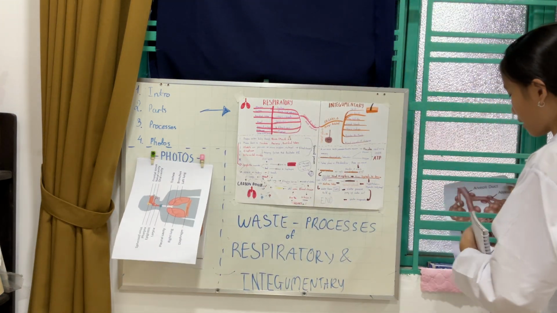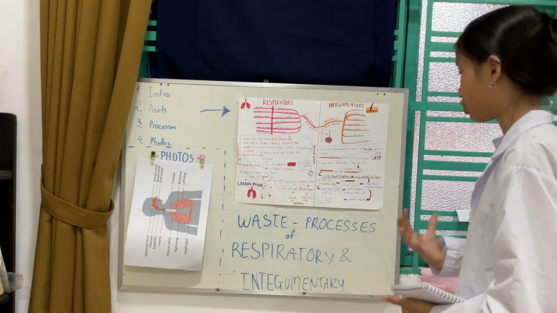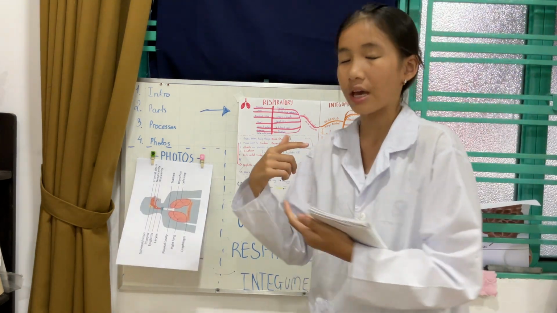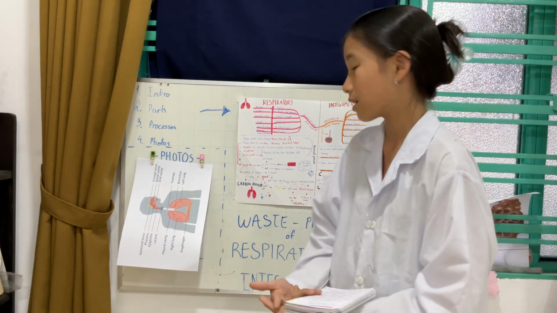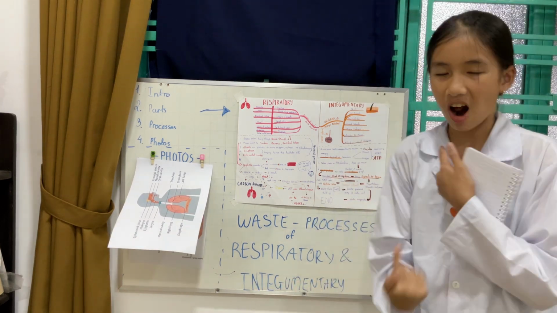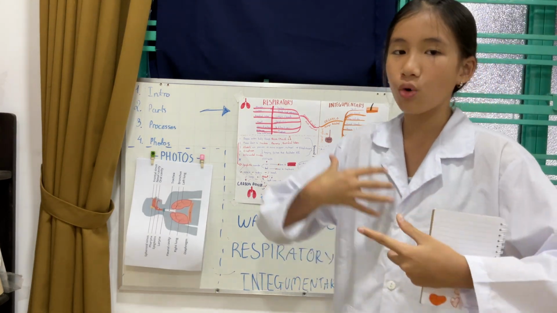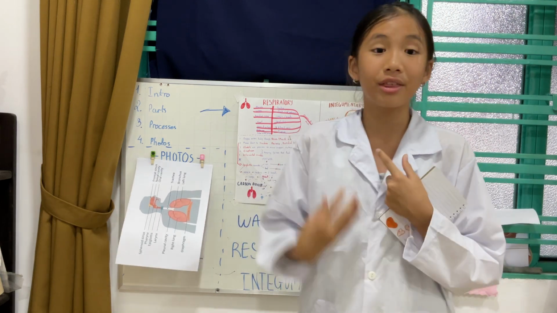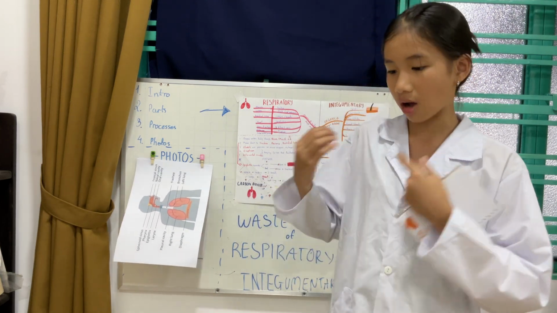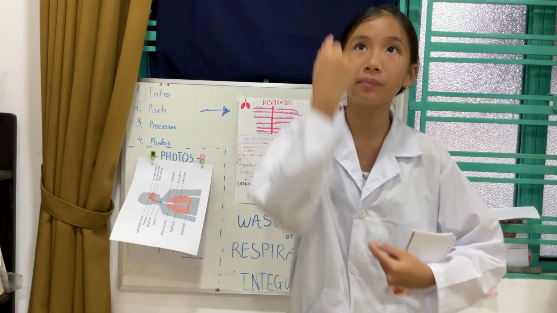When it reaches the bloodstream, it will go into the other arteries, the veins, and then it will reach the heart. And from that heart, the oxygen will pump with the other blood into the bloodstream and then pump up to other organs.